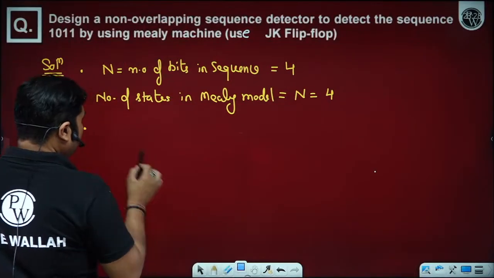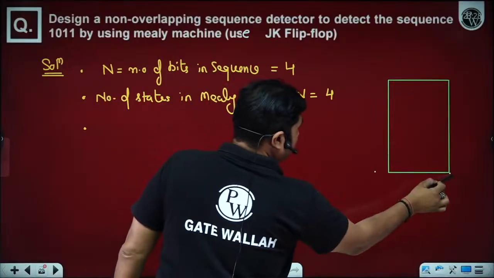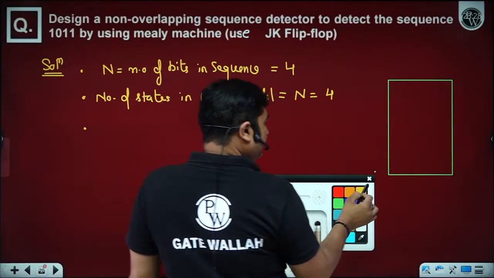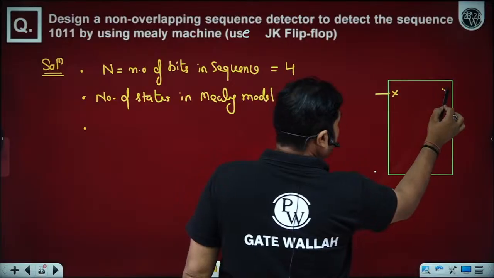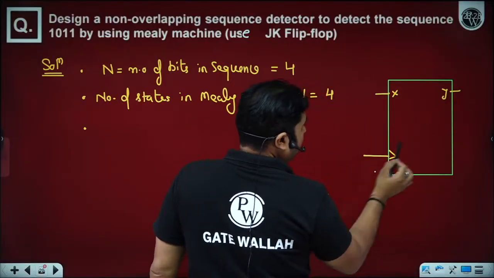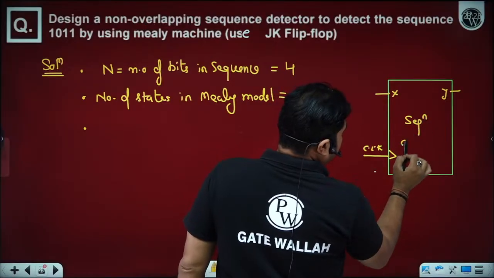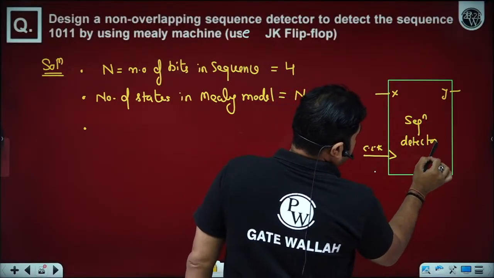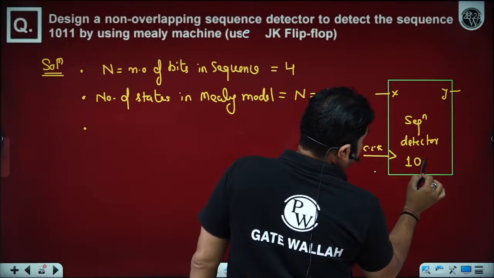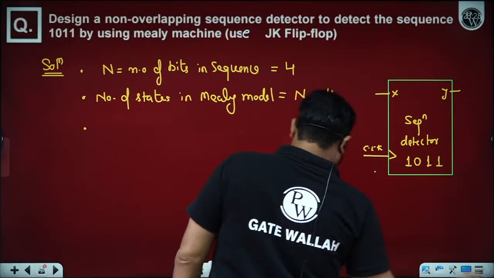So I want to design a sequence detector with the input X, output Y, and a clock, to detect the sequence 1, 0, 1, 1.